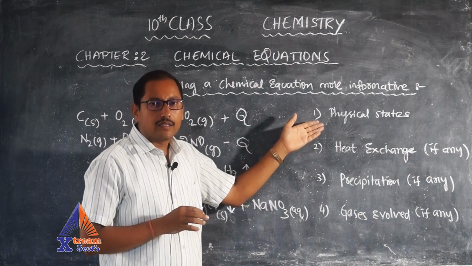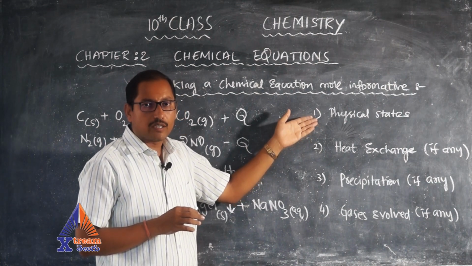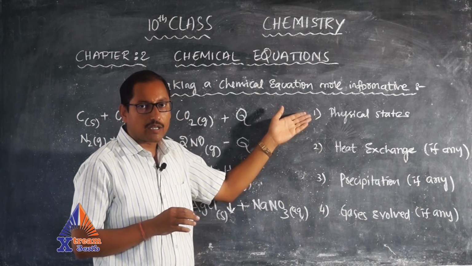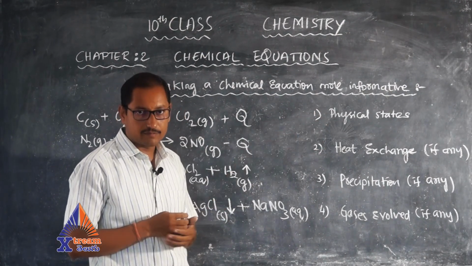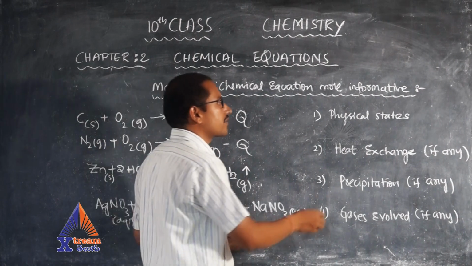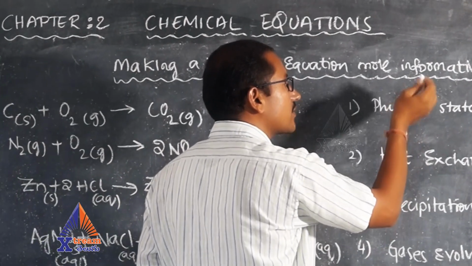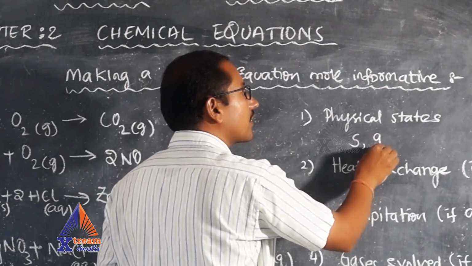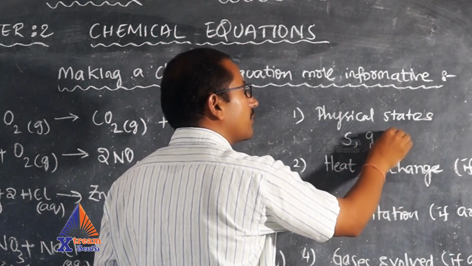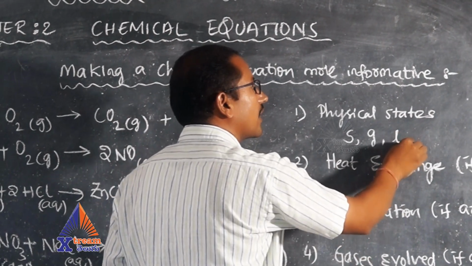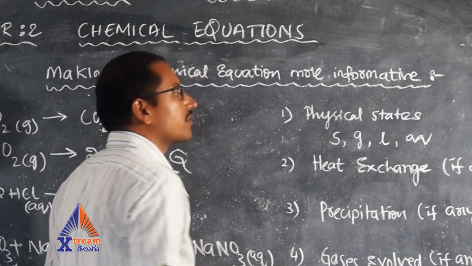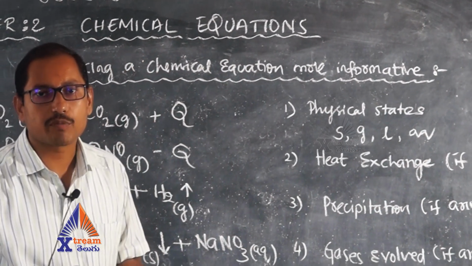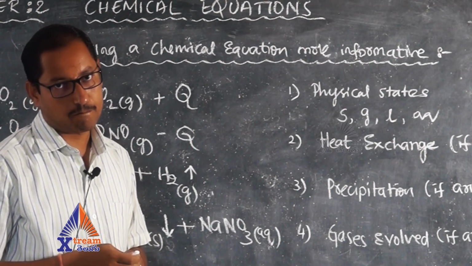The different information that can be represented in a chemical equation begins with the physical state. The different physical states that we represent here: solids, gases, and liquids, which can be represented with L, and any substance dissolved in water is represented by AQ, aqueous.